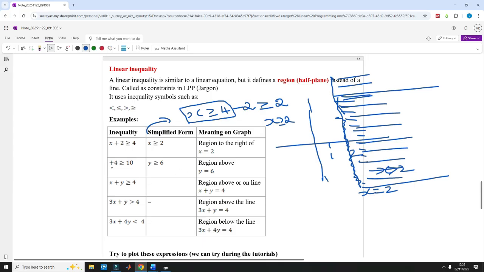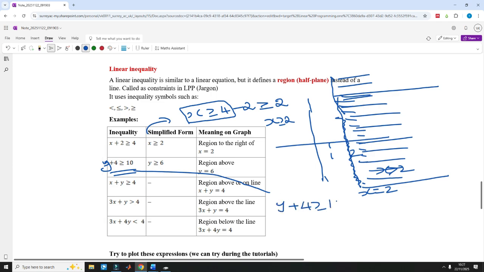Similarly, we can also plot y, let's say y plus 4 greater than or equal to 10. How do you write this? This will be y plus 4 greater than or equal to 10, or y greater than or equal to 10 minus 4, or y greater than or equal to 6.